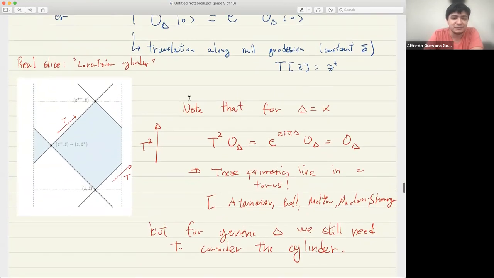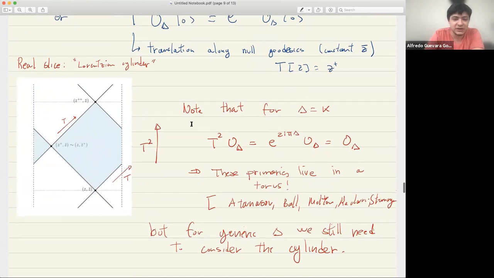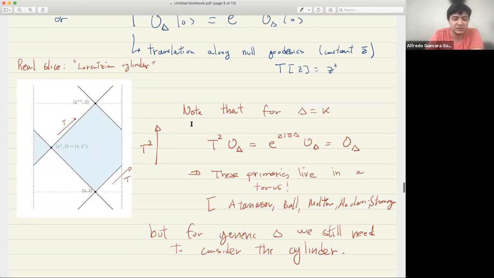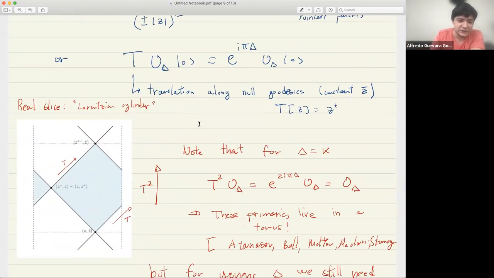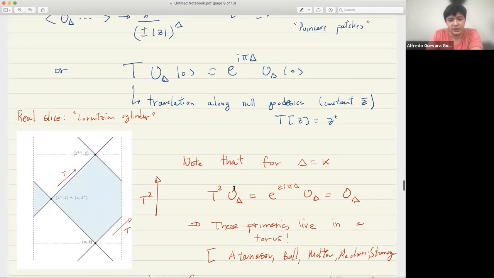So I'm not going to go through this construction itself, but it's important to notice that the full universal cover of these Poincare patches is called the Lorentzian cylinder. And you can check that for certain weights, in particular for the weights where delta is an integer, this translation operator actually is the identity.